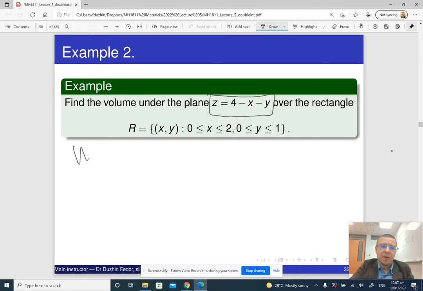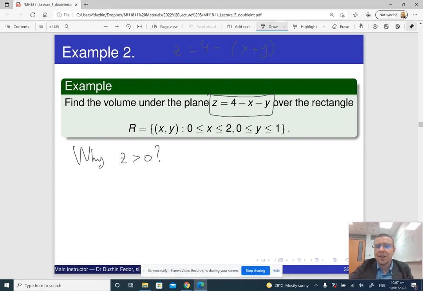So how can we see that z is really positive? Well, z is 4 minus the sum of x and y.